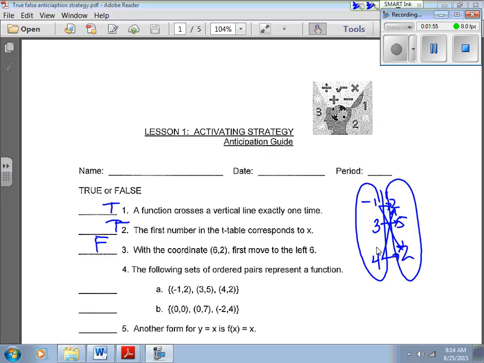If there's ever the numbers over here, these two numbers are different. They can match here. That's fine. It's when you have one input with two different outputs that would make it not a function.